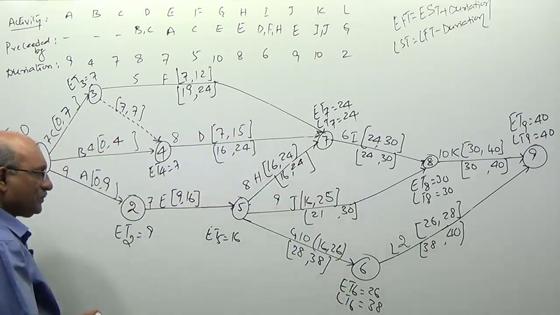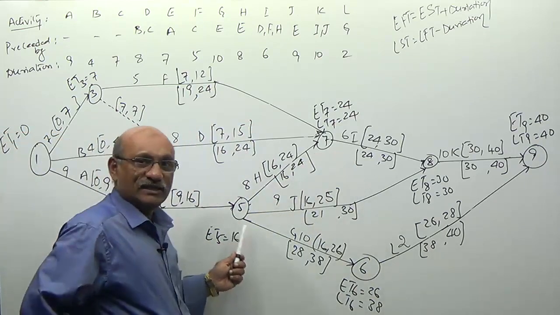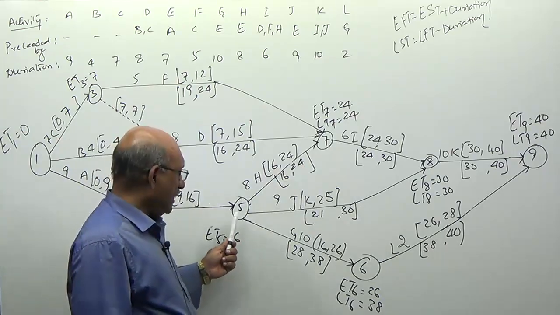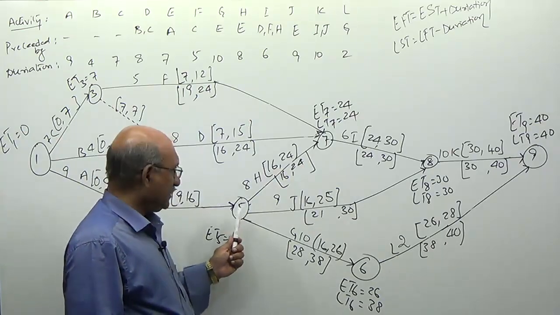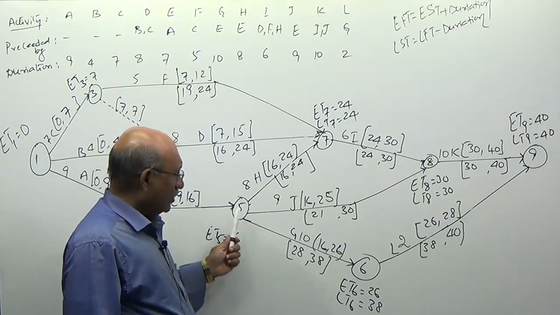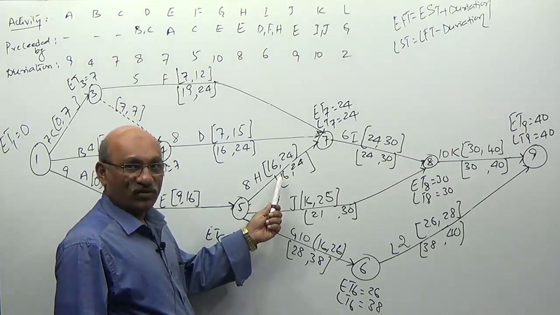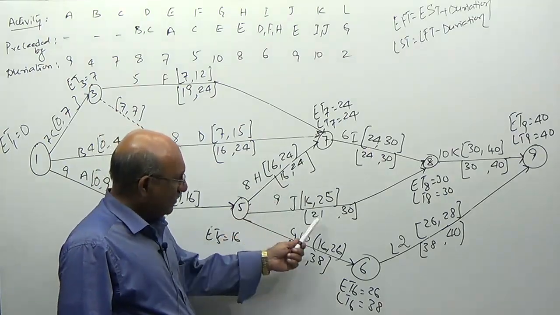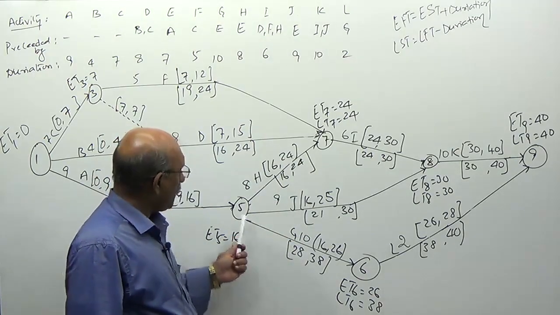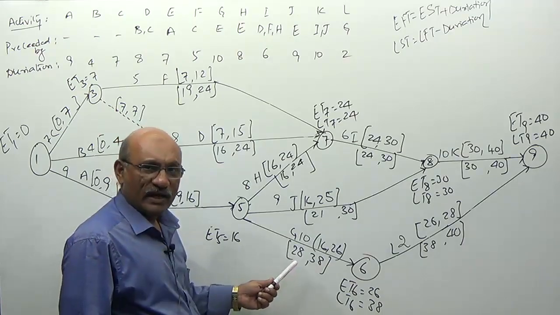Okay, sir. Now look at the calculations at node 5. Latest, H can be started on the 16th day. J can be started on the 21st day. G can be started on the 28th day.